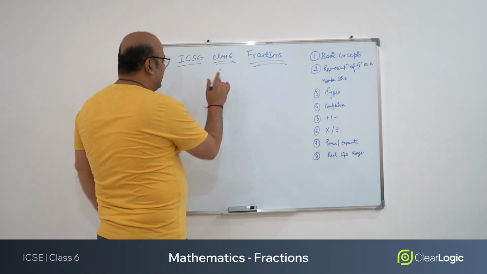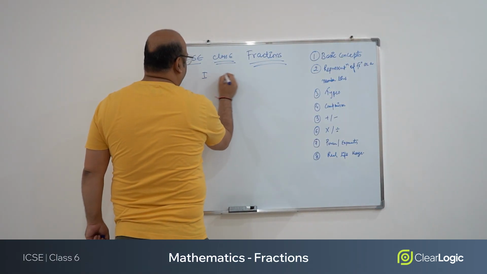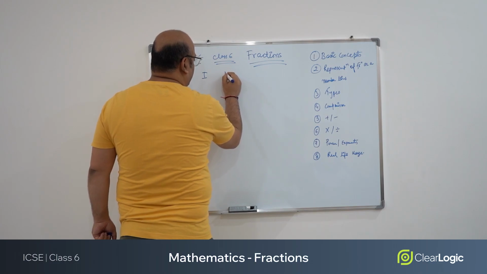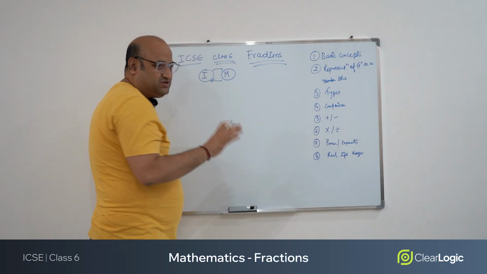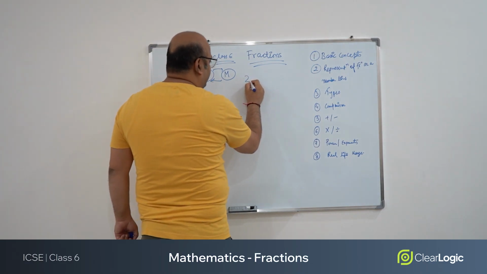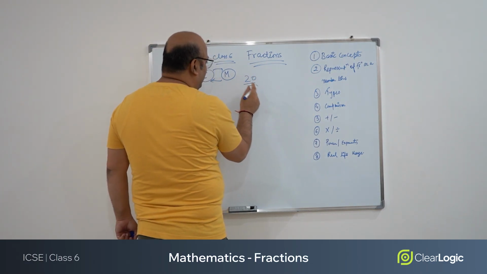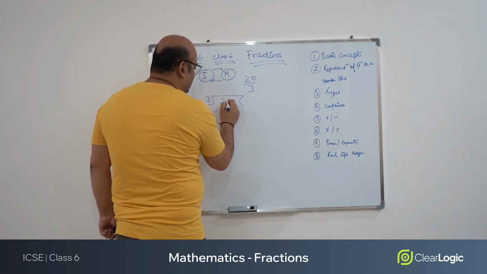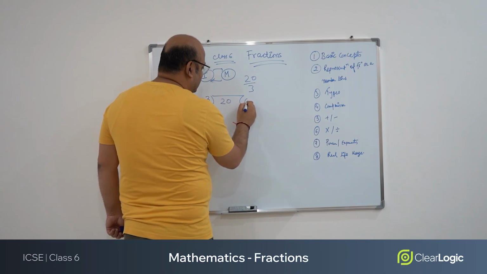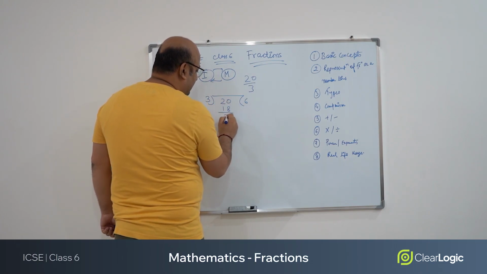Now quickly we will check how we can convert improper fractions into mixed fractions and vice versa. How we can do that? It's very simple. Let's say we have 20 by 3 and we want to convert this into a mixed fraction. What we'll do is divide this by this. 3 sixes are 18 and the remainder is 2.